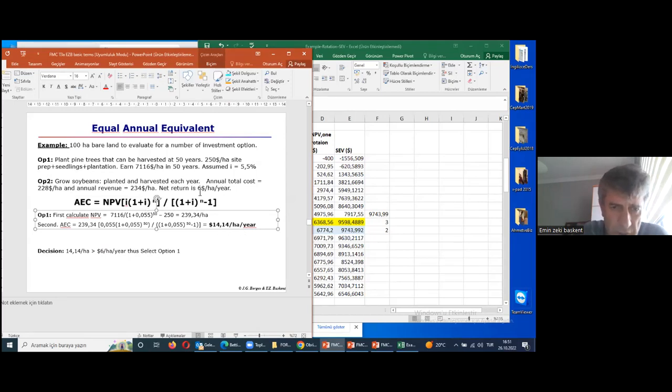For option two, it is $6 per hectare per year. So it is very clear that we will choose option 1, because option 2 provides $6, option 1 provides $14.14. So the decision is that we will go with option number 1.